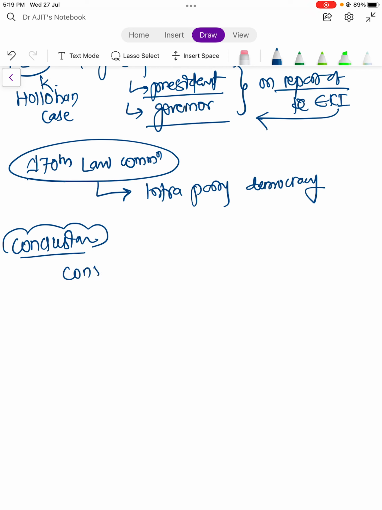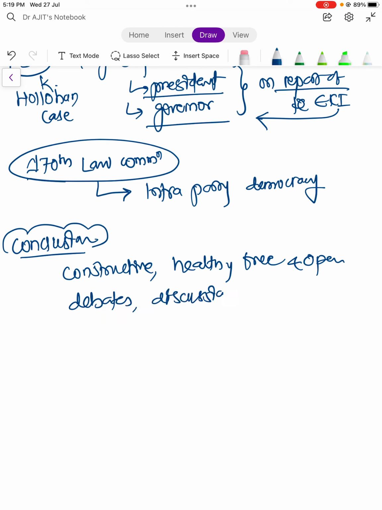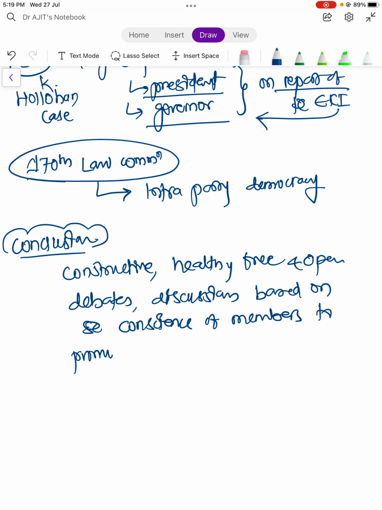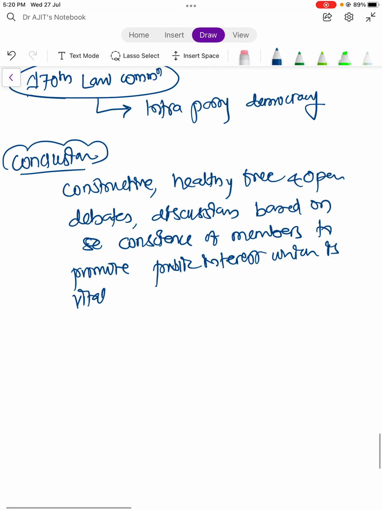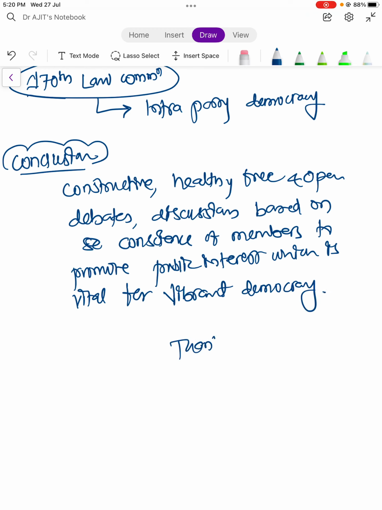You can directly say there should be constructive, healthy, free and open debates and discussions based on the conscience of members to promote public interest, which is vital for a vibrant democracy, right?